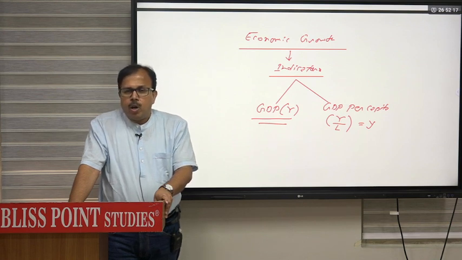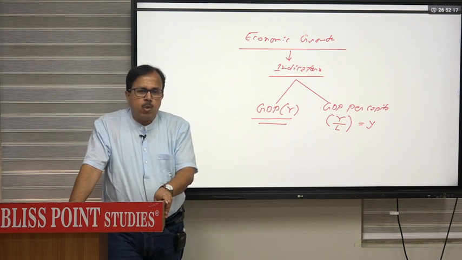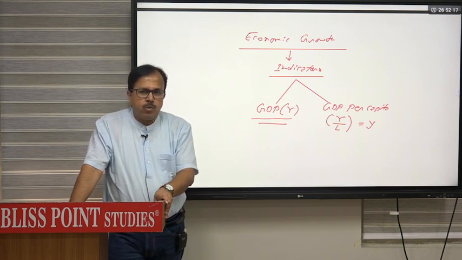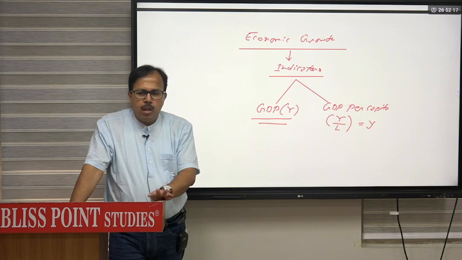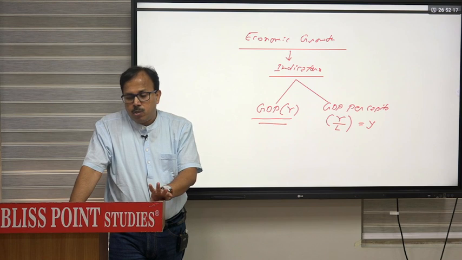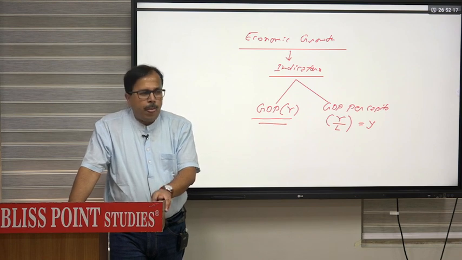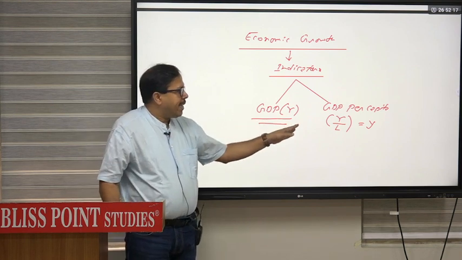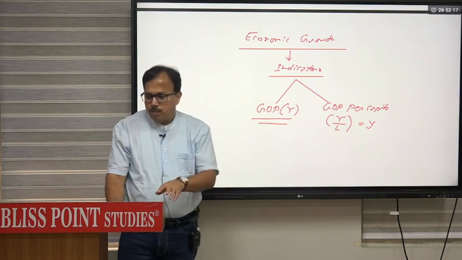So development always brings qualitative change in life, growth brings a quantitative change in life. So just keep that information in mind. And in this subject we are focusing not on the development, we are focusing on the growth part. And growth के लिए आपने दो basically indicator बना रखा, GDP और GDP per capita.